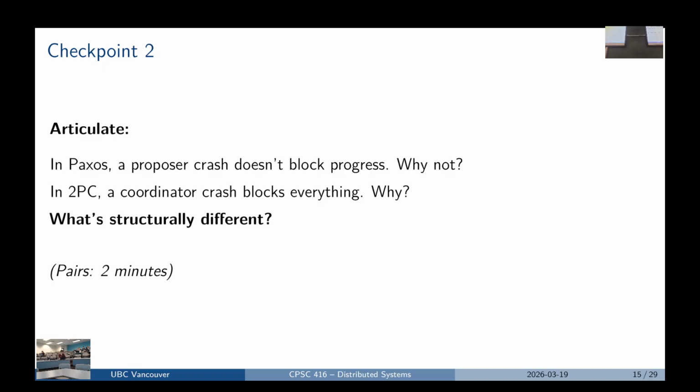In 2PC, there is no provision of that. So if the proposer crashes, it crashes. Right. The problem is that our quorum here is the coordinator. So if the coordinator's down, just like if we didn't have a quorum in Paxos, we wouldn't be able to figure out what the decision was. Do you see an escape here yet?